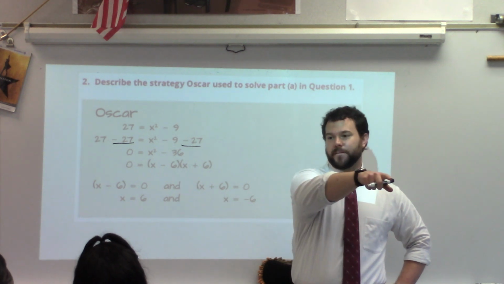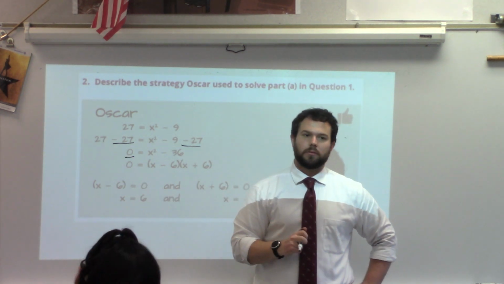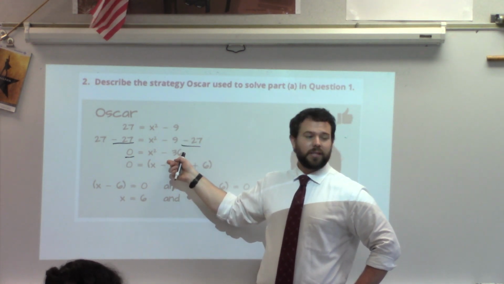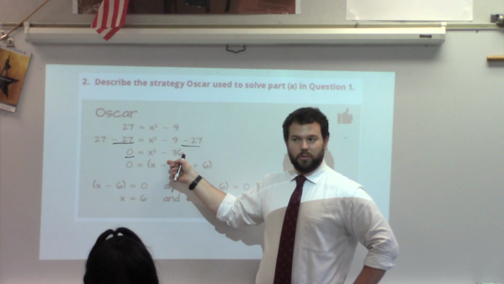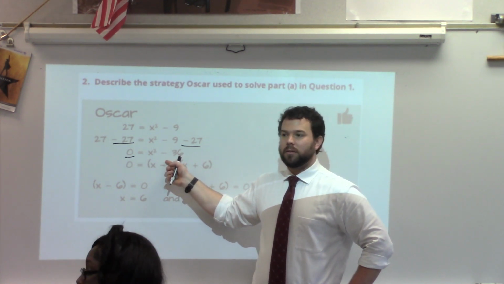To create what? 0, right? So it's the additive inverse, so he created a 0. Now, that equation looks different, right? Is it completely different? It's still equivalent. He used the property of equality. This is acceptable, right?